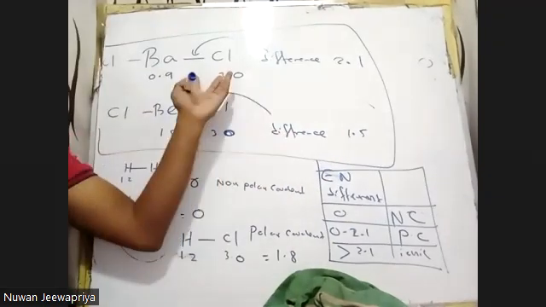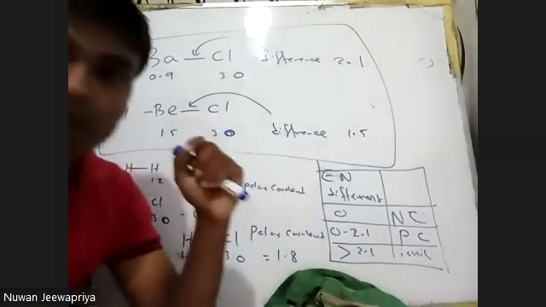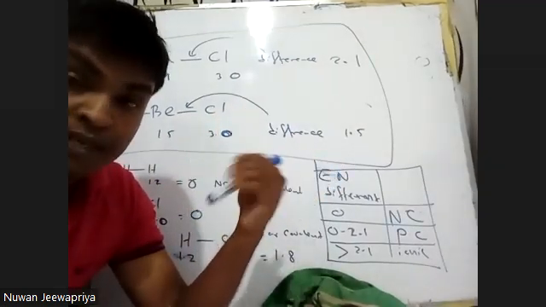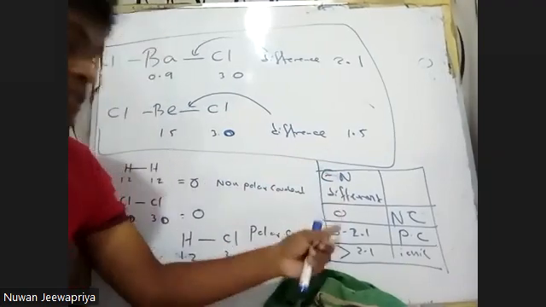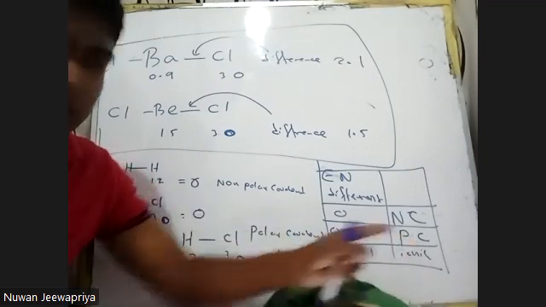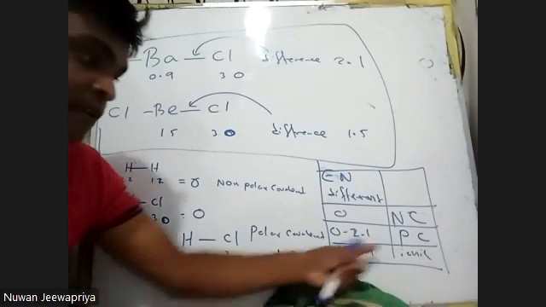So this compound is almost ionic. And here the difference is 1.5. So it is less than 2.1 and greater than 0. If it is 0 to 2.1, PC means polar covalent. 0, non-polar covalent. More than 2.1, ionic.